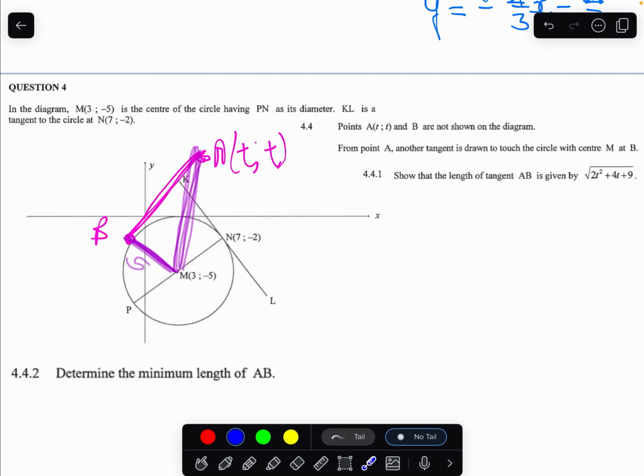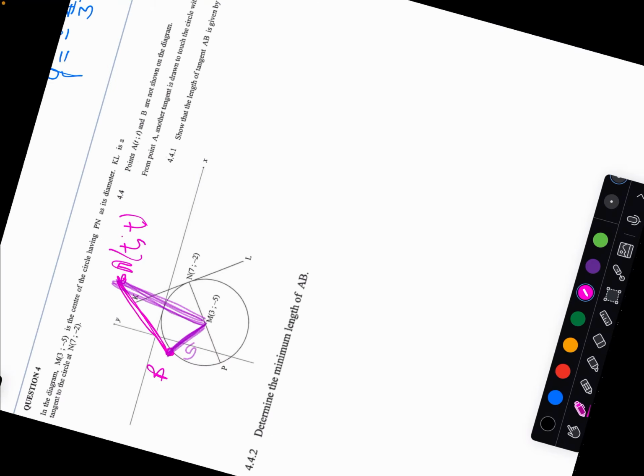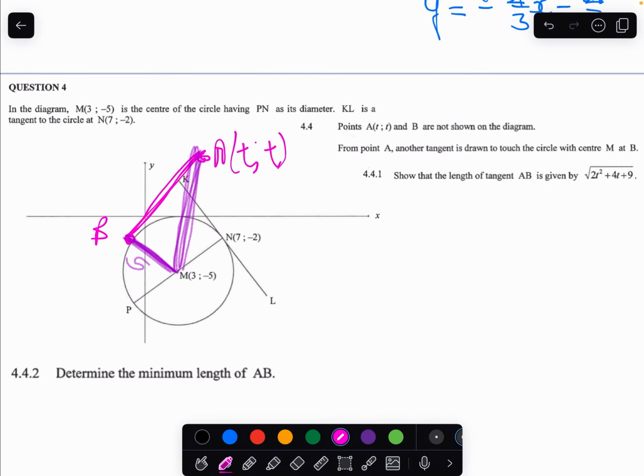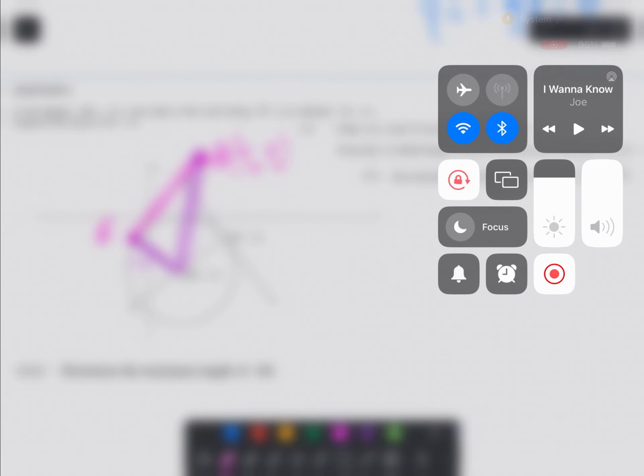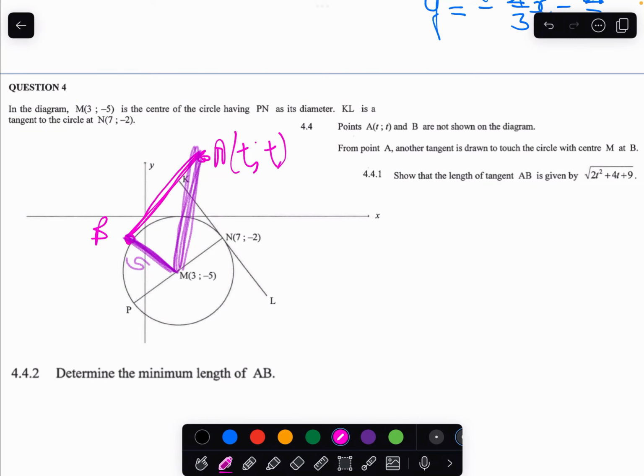Okay, so let's put that into symbols. Let me just lock it so that I can write however I please. So construct triangle MAB. We know that MB is perpendicular to BA because tangent meets radius at 90 degrees.